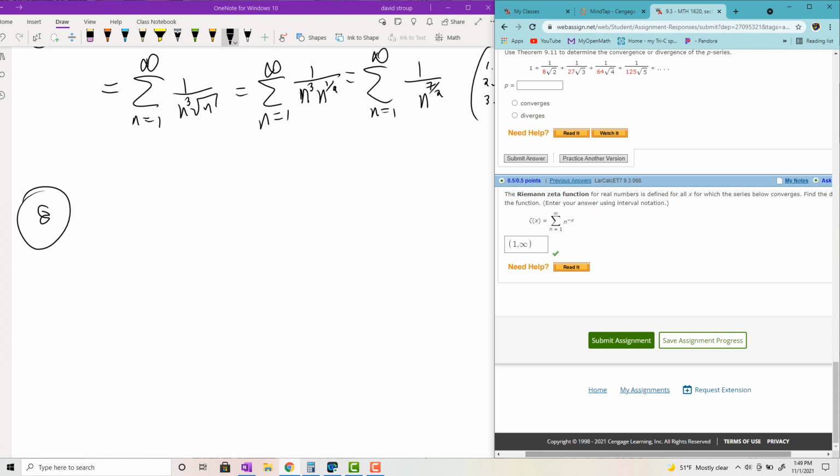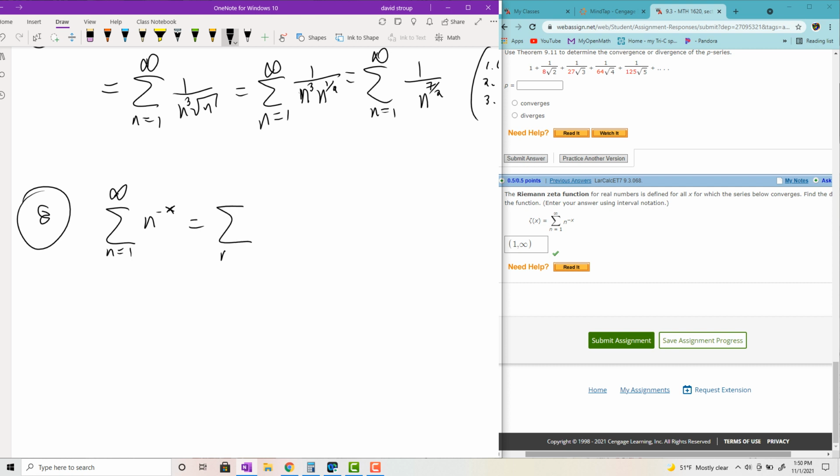In this question, we just want to know where this series converges. If you look at the series, it's a P series, but here the p-value is x. So you could rewrite it to look a bit more familiar: 1 over n to the x.